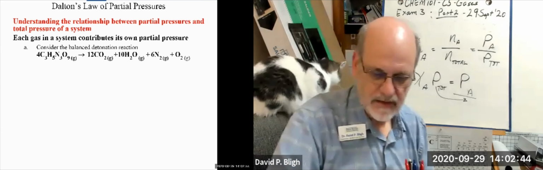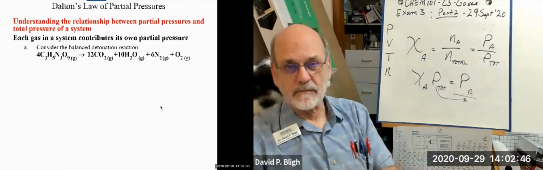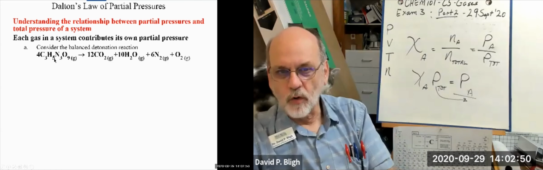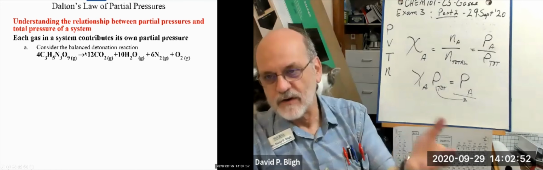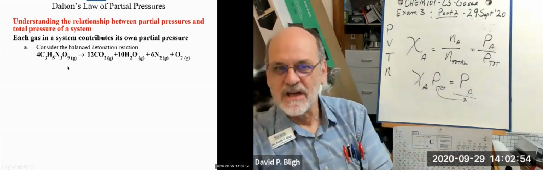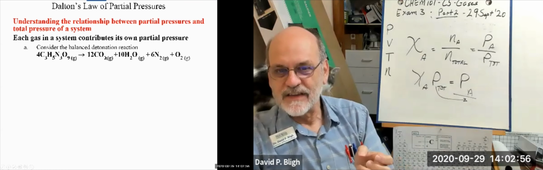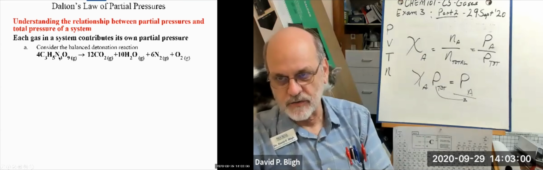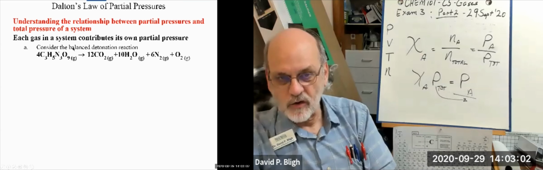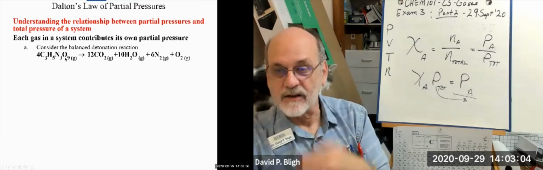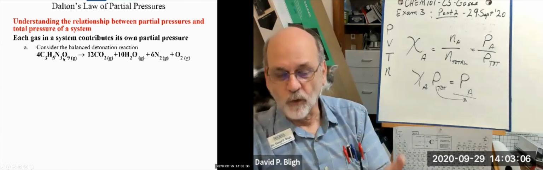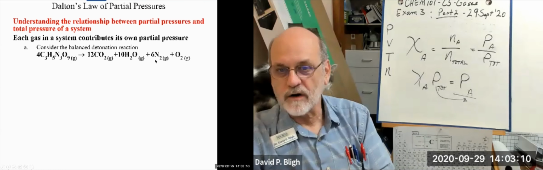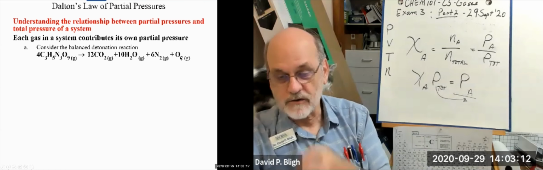So here's an example. Here's a balanced equation for, and I sort of gave it away here, the detonation of this compound into these individual gases. That compound is nitroglycerin. So this nitroglycerin in this balanced equation will produce, from 4 moles of nitroglycerin, 12 moles of carbon dioxide, 10 water, 6 nitrogen, and 1 oxygen.